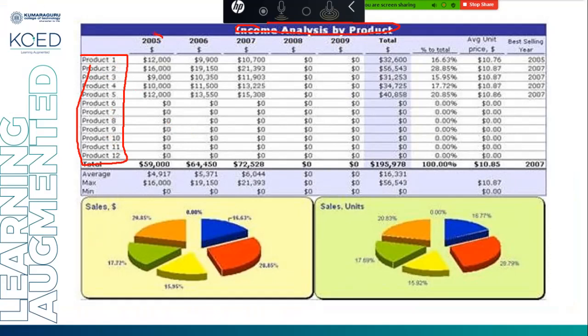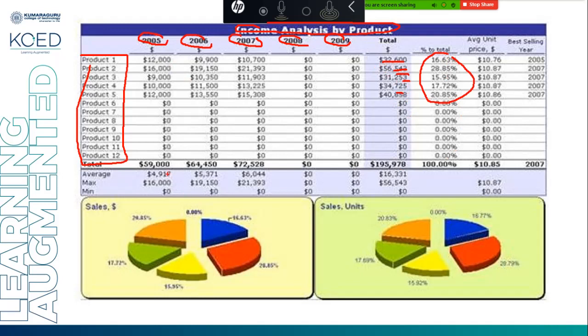Every column is a year: 2005, 2006, 2007, 2008, and 2009. Here we have a total, year wise, of product 1, product 2, product 3, product 4, and product 5. And this is the percentage of each product.